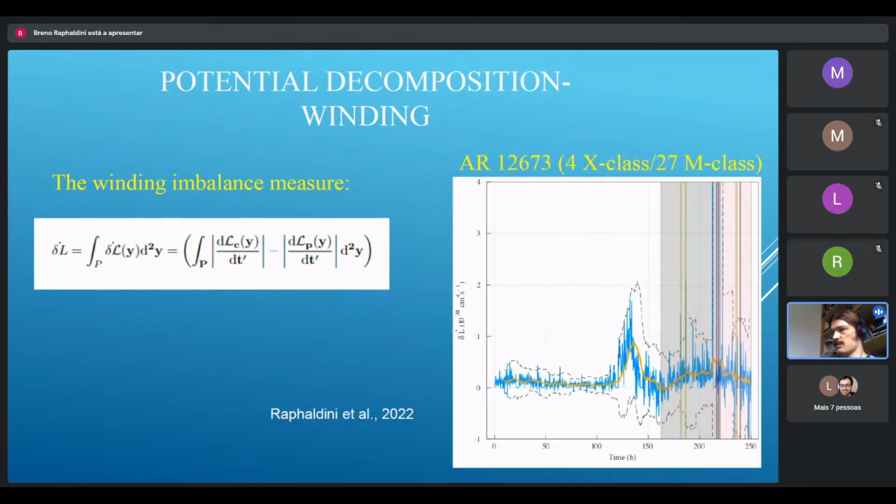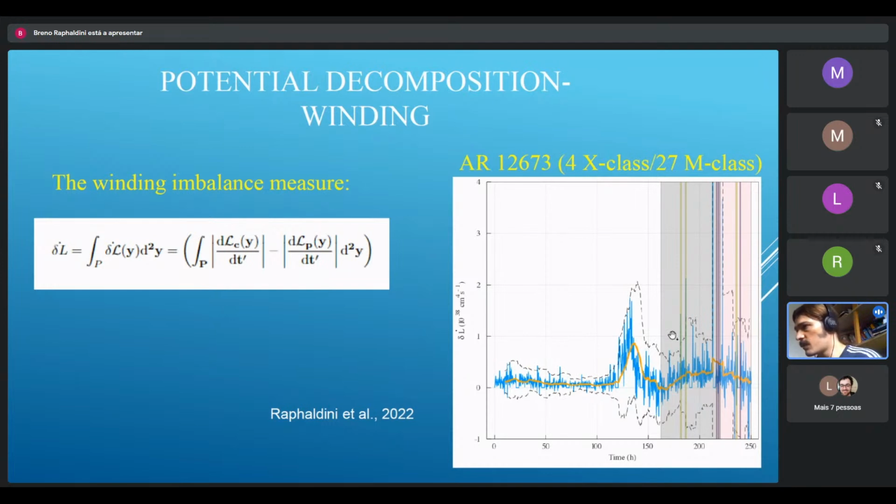Now we proceed to this other active region that is the most prolific from solar cycle 24, the one that I mentioned before, which is this one. This active region presented 4 X-class flares and 27 M-class flares.